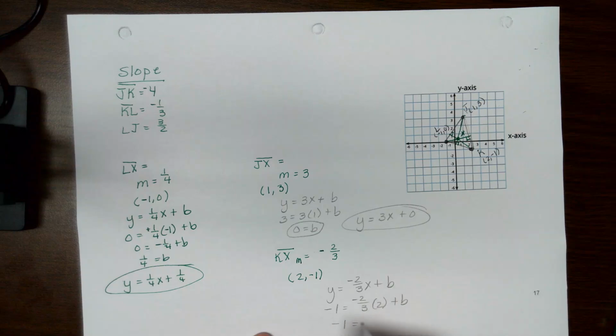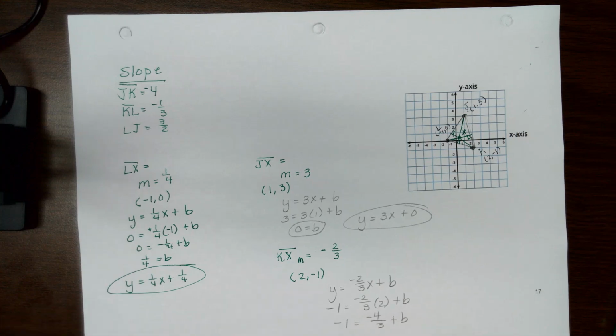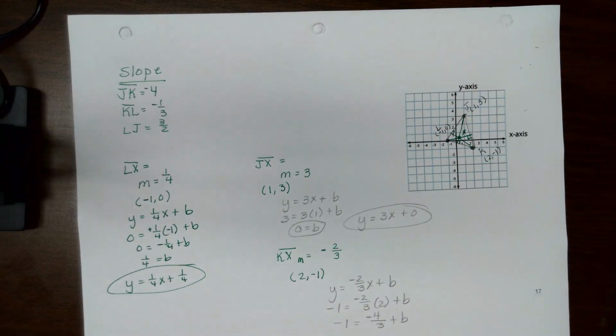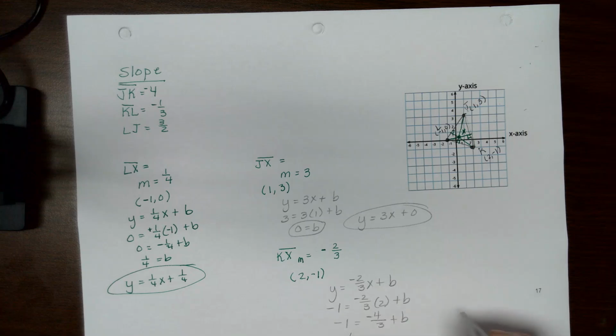So negative 1 is equal to negative 4/3 plus b. I'm going to solve for the b. So I've got negative 1 plus 4 divided by 3, and it's going to give me b is equal to 1/3. So this is the equation: y is equal to negative 2/3 x plus 1/3.